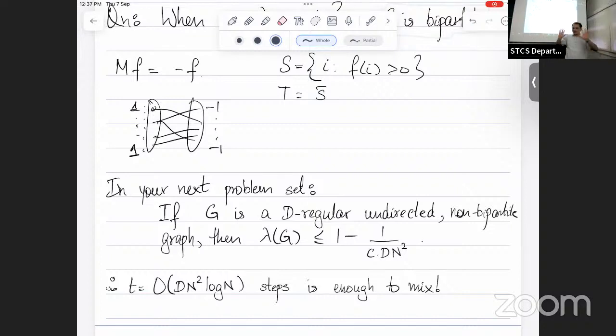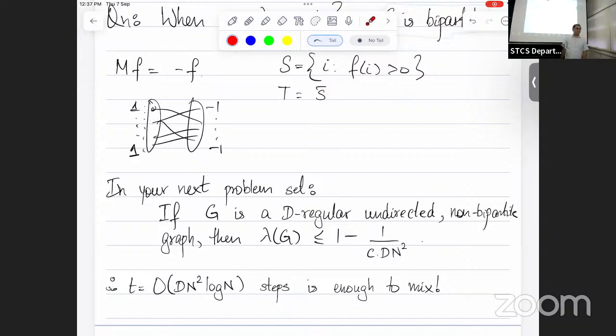If you assume these two don't happen, that is, it's a connected, non-bipartite graph, you can show that there is always going to be some spectral gap, in the sense that the spectral gap is bounded by something like 1 over dn squared. It can't be really close to 1. It's away by some polynomial factor depending on the degree and the number of vertices.